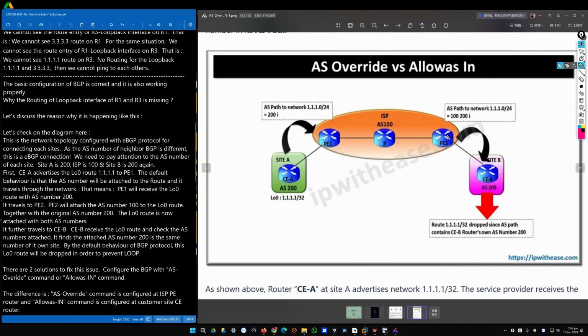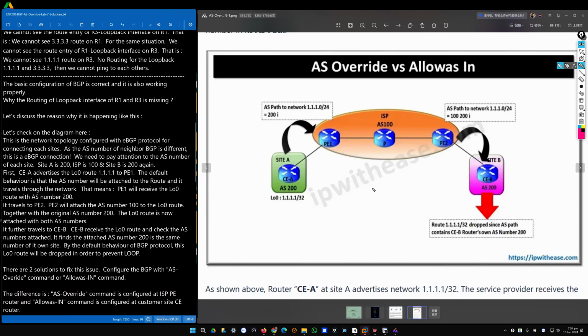Let's discuss the reason why it is happening like this. Let's check the diagram here, for example. This is the network topology configured with the eBGP protocol for connecting each site, as the AS number of each BGP site is different.